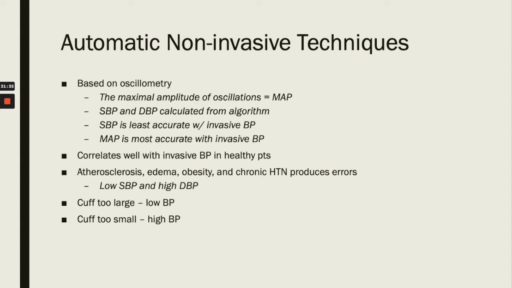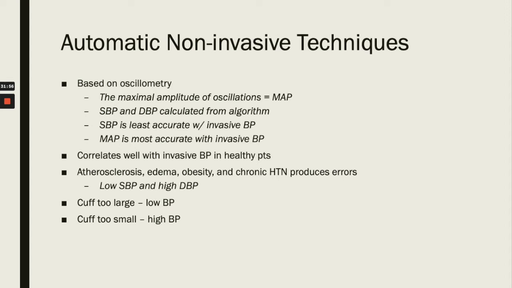Like I said, the systolic and diastolic blood pressures are calculated from an algorithm. So with these automatic NIBPs, the systolic blood pressure is the least accurate compared with invasive blood pressure, and the MAP is the most accurate.